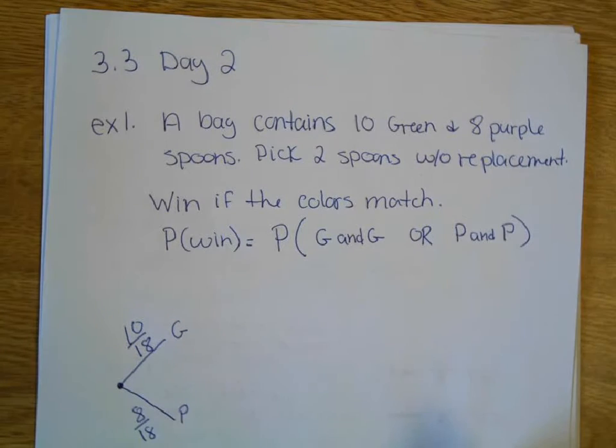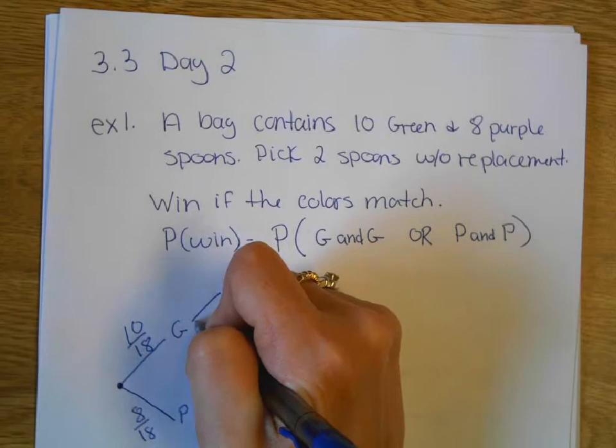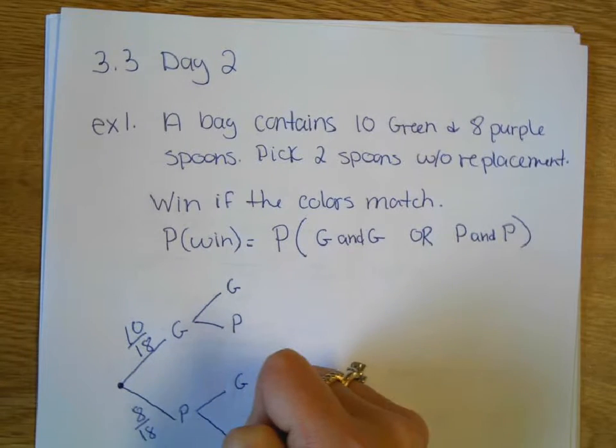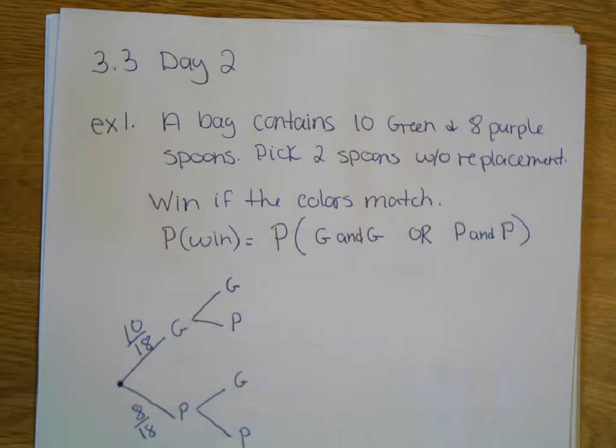Okay, now they reach in and they grab their second spoon. Green or purple? Go ahead and fill in those 4 probabilities. I'll fill them in. We'll compare. See if you can do those 4 on your own without somebody telling you.